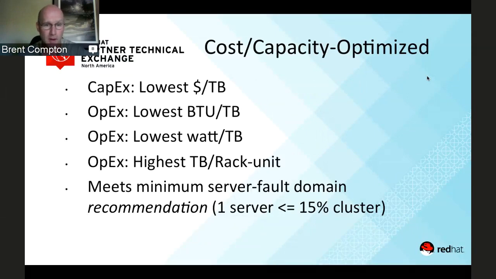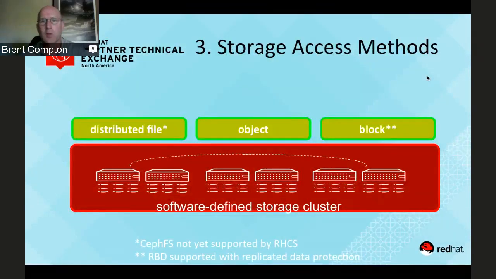It's per terabyte, and of course because some data centers pay, the OPEX cost is more oriented towards floor space, built-in floor space, then that's an important element here. And we relax a little bit the minimum server fault domain recommendation for cost capacity optimized clusters. Again, with the belief that it's less performance sensitive.